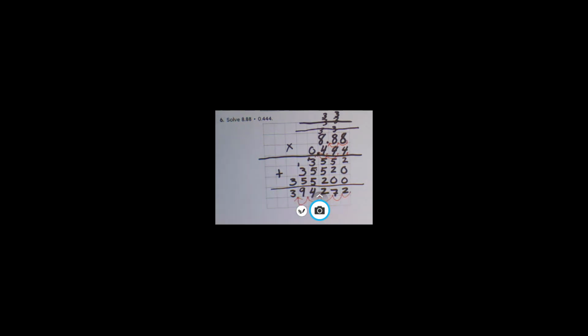So I have 3 and 94,272 hundred thousandths, which makes sense because this was hundredths times thousandths.